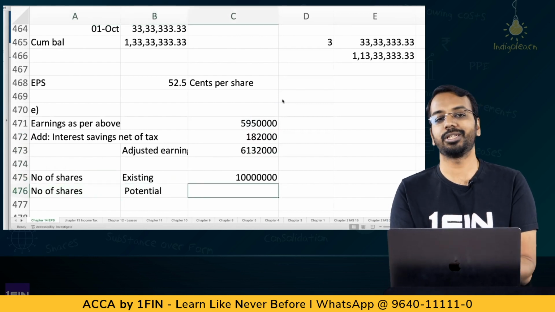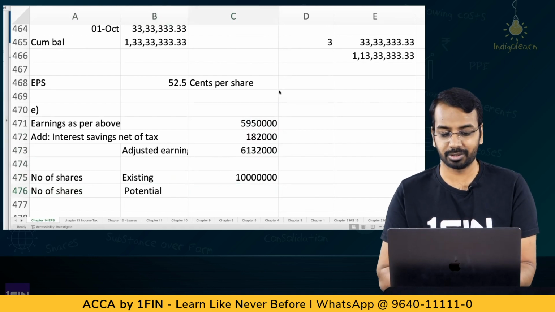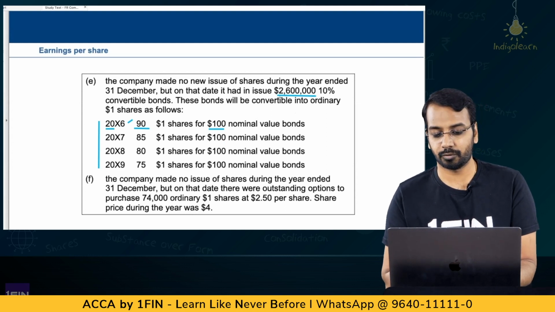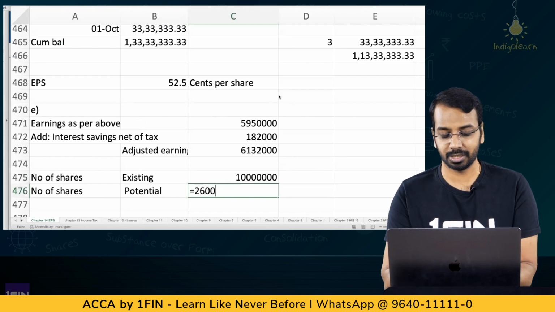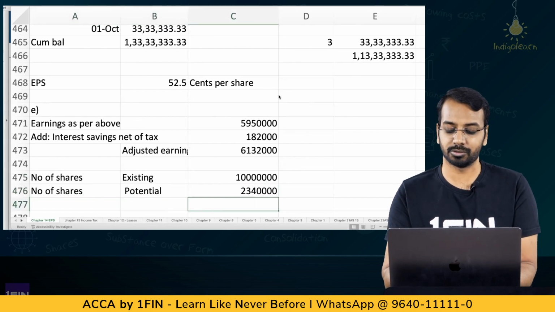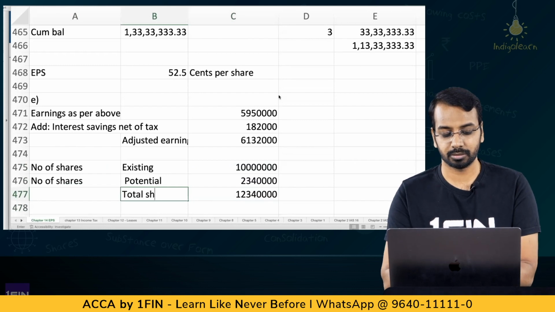Potential means how many shares would come up if the loan is converted. For a $100 bond, you will get 90. So for 2.6 million, how many would be issued? Basically 2.6 million divided by 100 multiplied by 90, 234,000. So this plus this is the total shares.